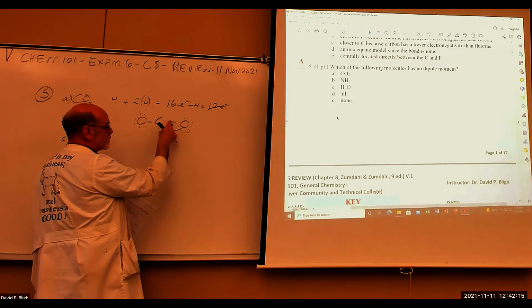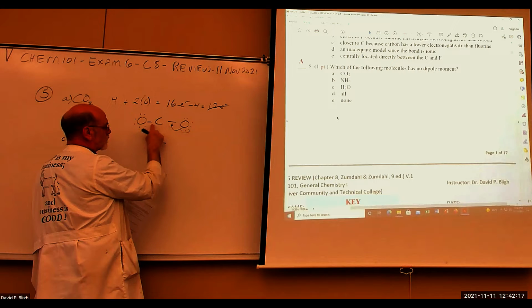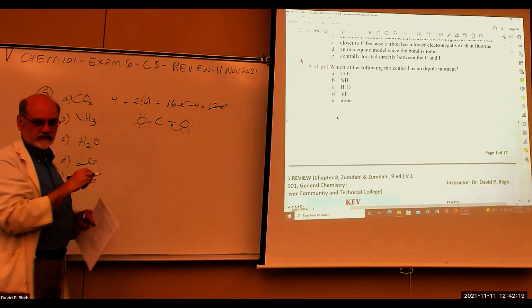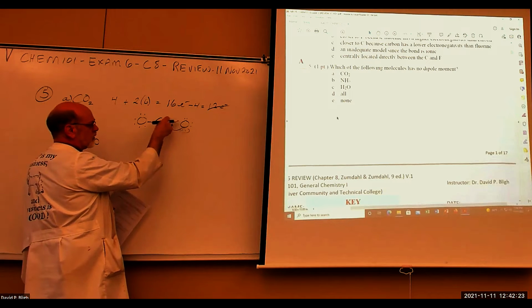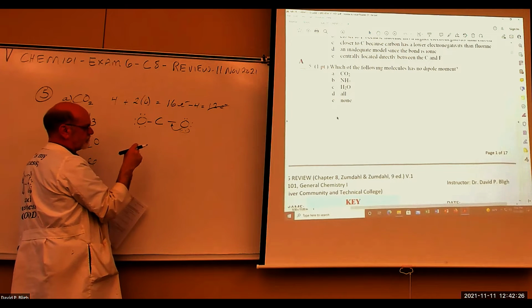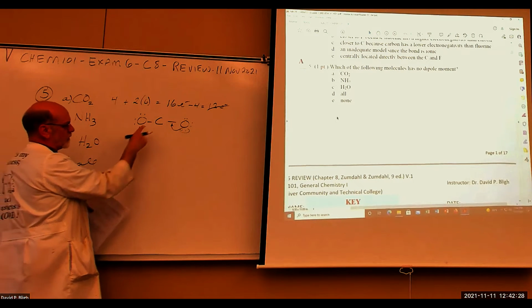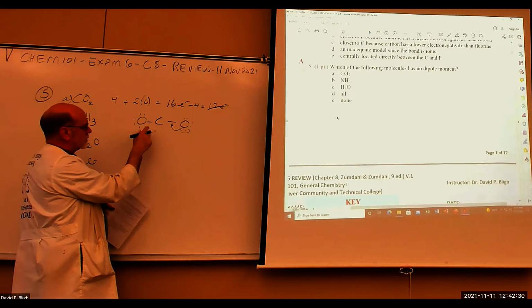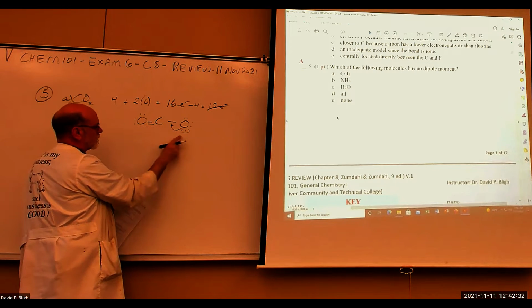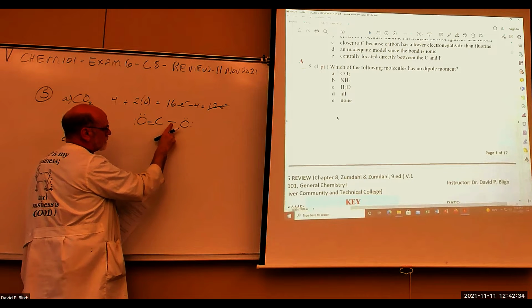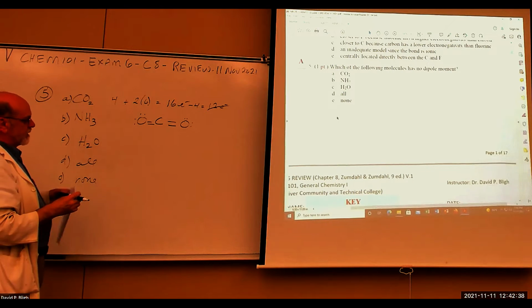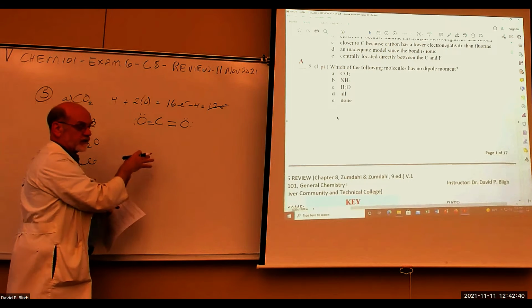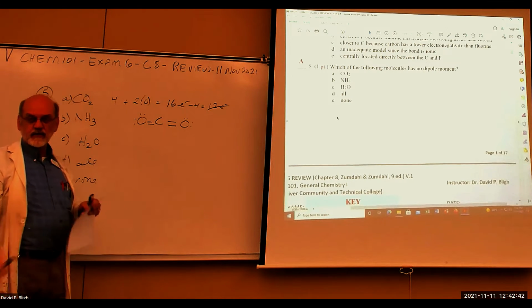That means 2, 4, 6, 8, 2, 4, 6. Oh, carbon needs another. So which would be the best? Make another triple bond on this side, or make another double bond on this side. Now the other one would be a valid Lewis dot structure, but how do we break the tie?